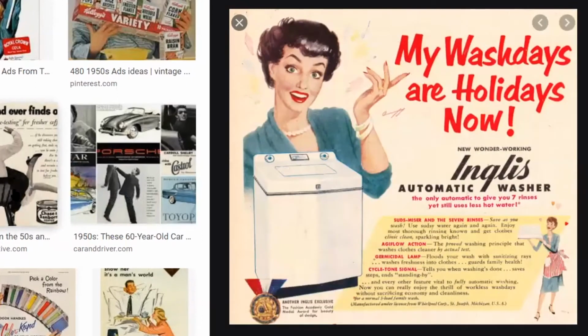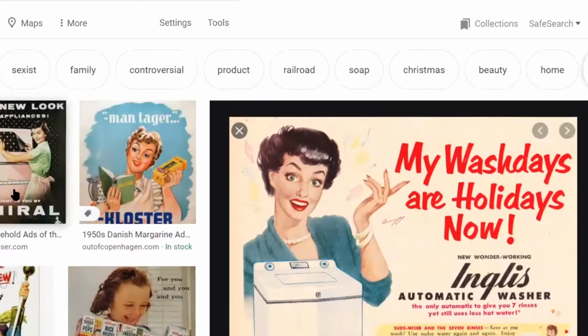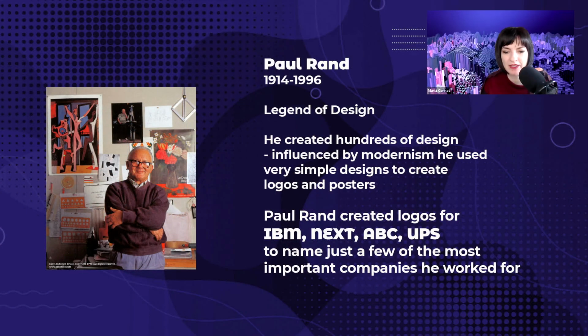So this is what advertising and posters looked like. And this is basically why I'm saying that you have here the legend of design also. Paul Rand, I think he's the most famous graphic designer of all times, because he was a good friend of Bill Bernbach. They worked together for years, and he is the one who basically created the designs.